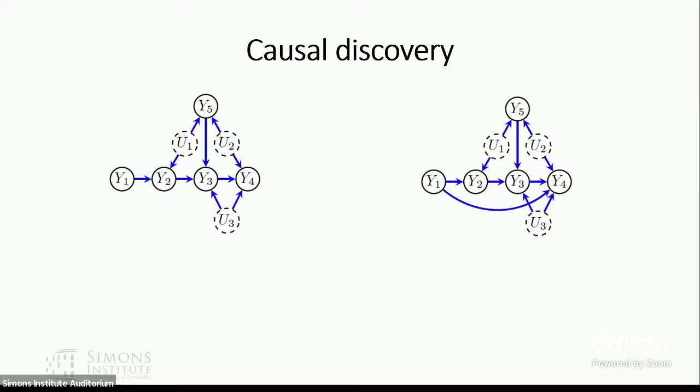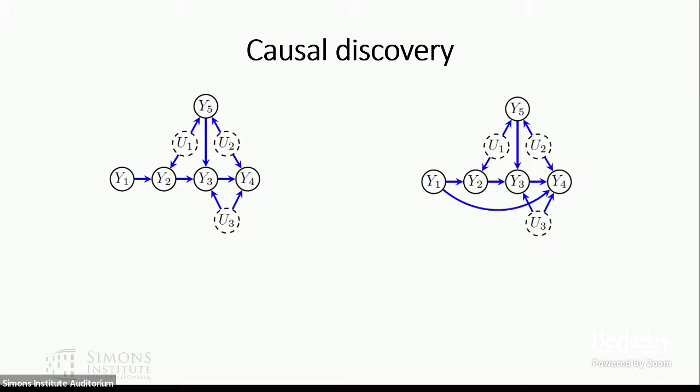They're very similar, except that this one contains a directed edge from y1 to y4. So the question that we're asking here is, we know that this structure holds, and in addition, we want to know whether there is a direct causal effect from y1 to y4.